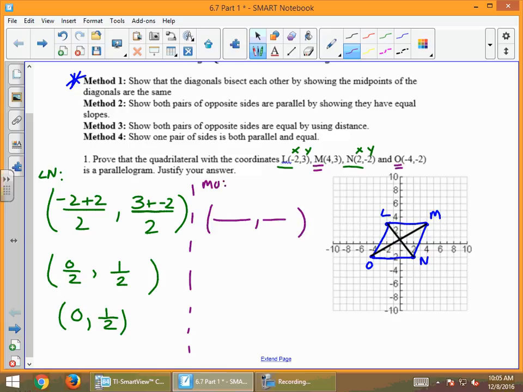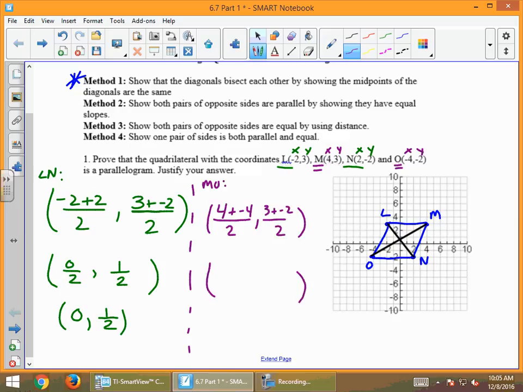Well, what are our x values between these 2 points? 4, -4. So we're going to add those guys together. Again, always add, divide by 2. What are our y values? Add those together, divide by 2.